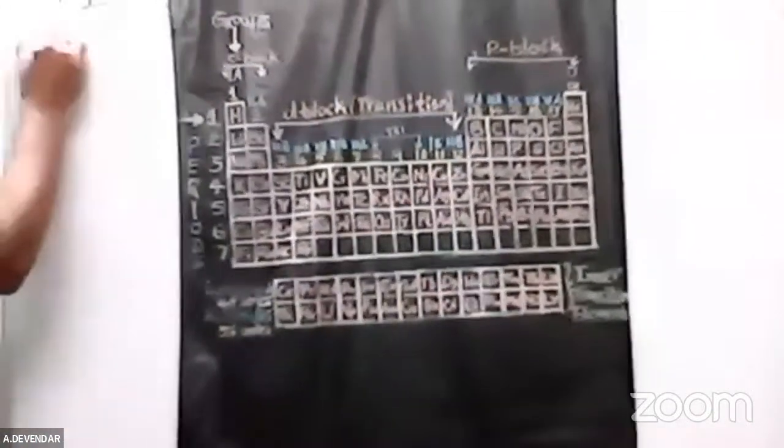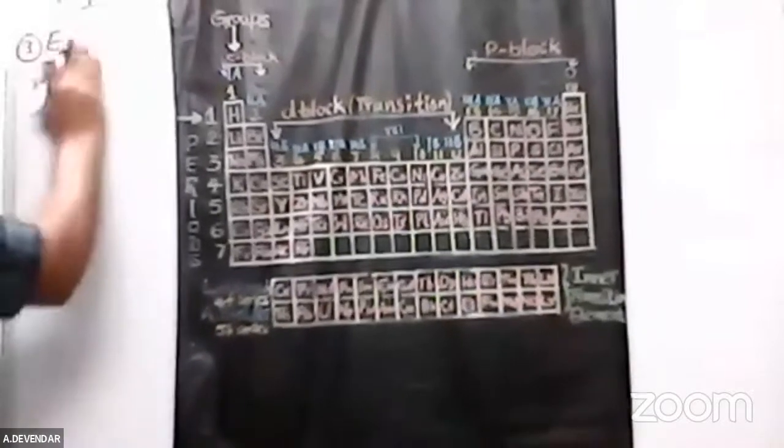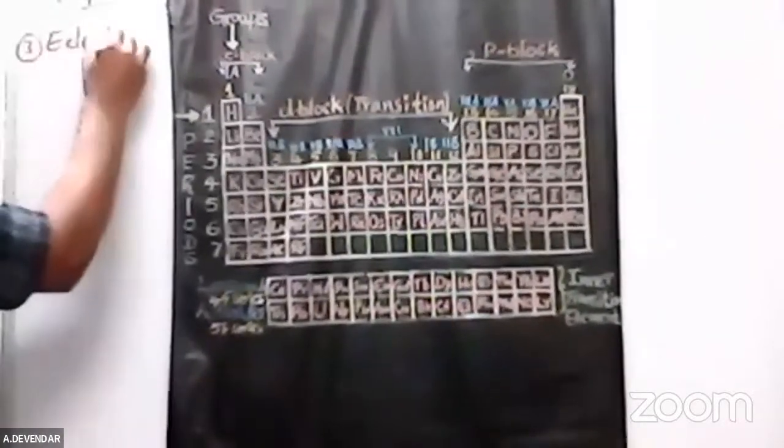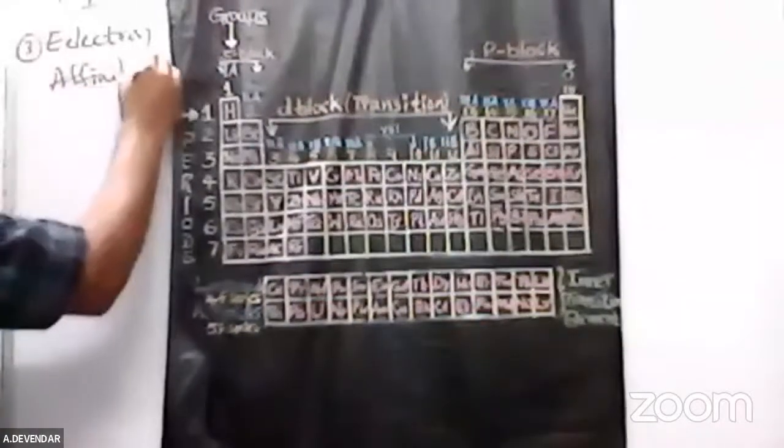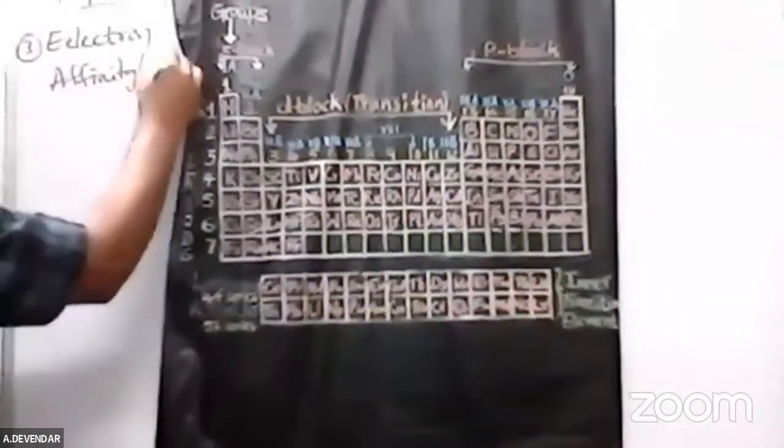And the third property, electron affinity. This is called EA. What does electron affinity mean? Simply, the first ionization potential is the amount of energy required to remove an electron. That is for removing.